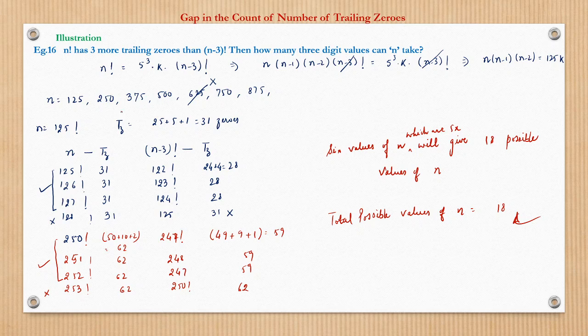Now for every multiple of 5 which n can take, there are two other values also which, if n takes, the n minus 3 will satisfy the terms of the question, right? So those are also fairly good. So for every multiple of 5, there are six multiples of 5 which can satisfy, so we'll get 6 into 3, 18 cases, right? So 18 cases is the answer here.